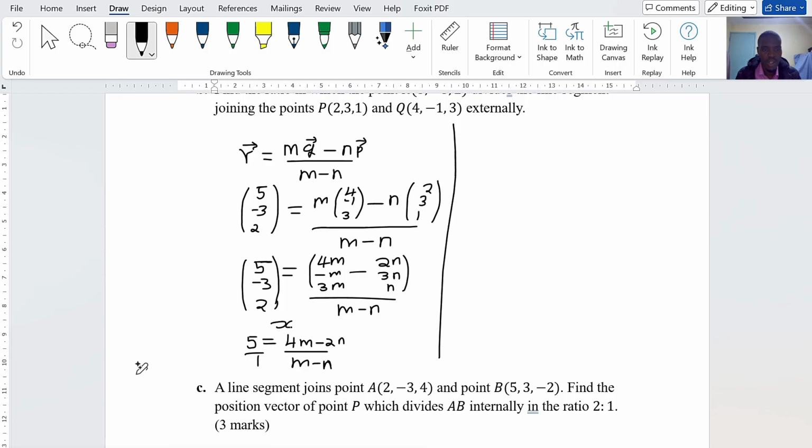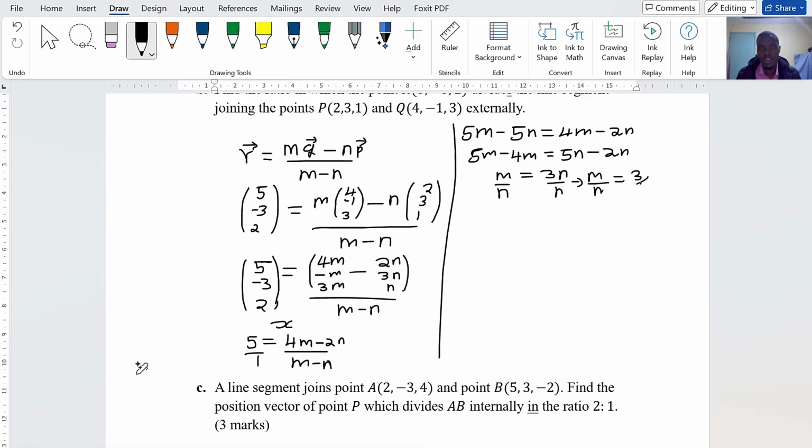So this will be 5m minus 5n equals 4m minus 2n. If you collect m's together, we have 5m minus 4m equals 5n minus 2n. Now this gives you m equals 3n. Divide by n, and you see the ratio m over n is simply 3 over 1. So the ratio is 3 to 1.